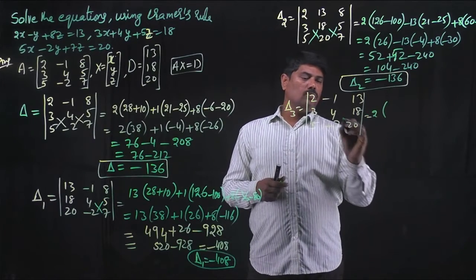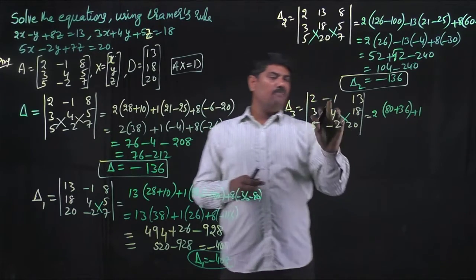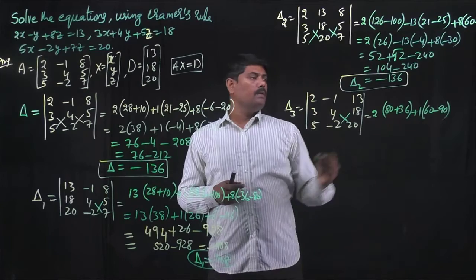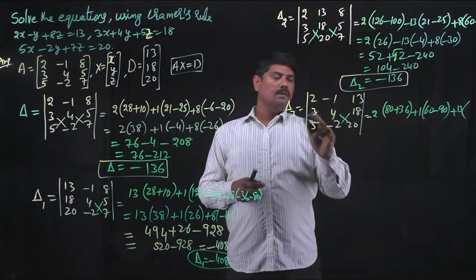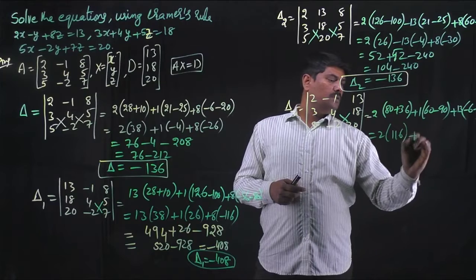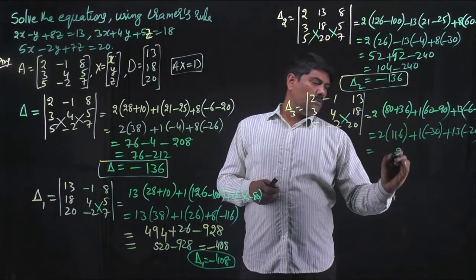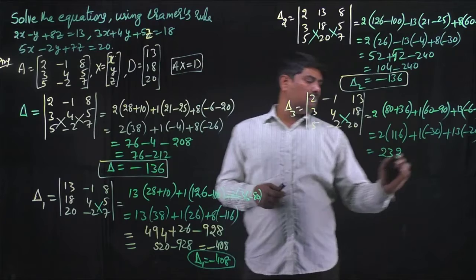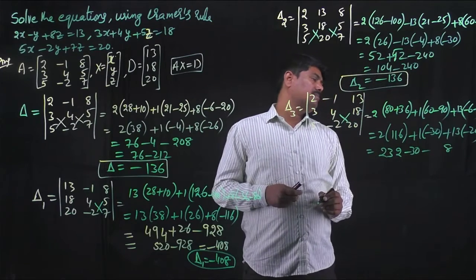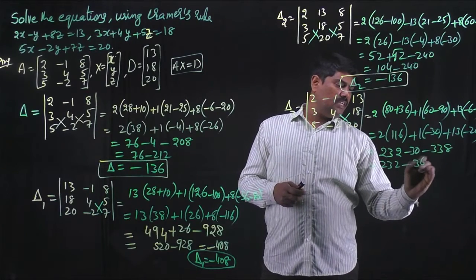So it is 2 into 80 minus of minus becomes plus 36, minus of minus 1 plus 1 into 20 into 3 is 60 minus 18 into 5 is 90, plus 13 into minus 6 minus 20. 2 into 116, 1 into minus 30, plus 13 into minus 26. 232 minus 30 minus 338, that is 232 minus 368.